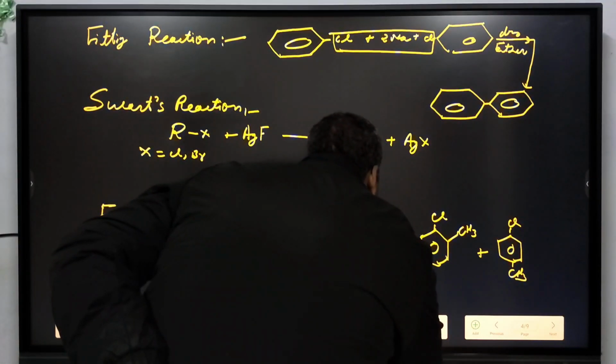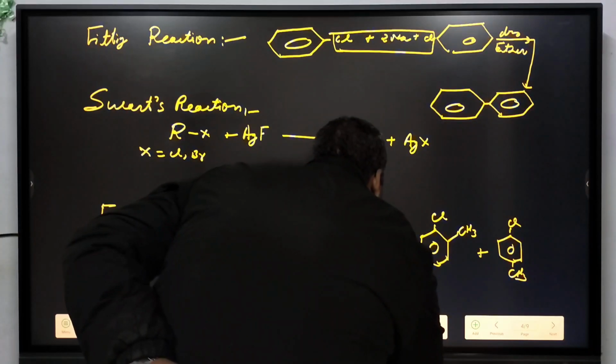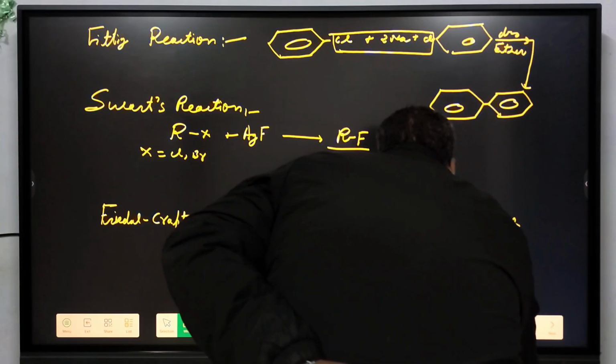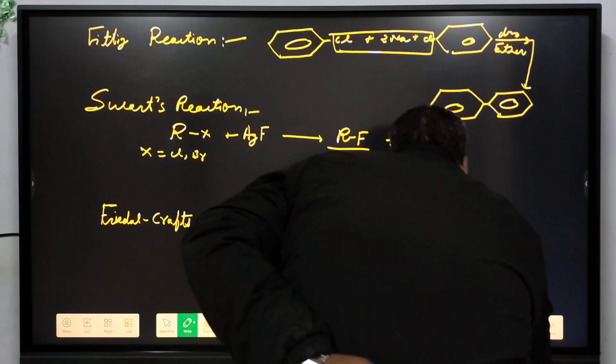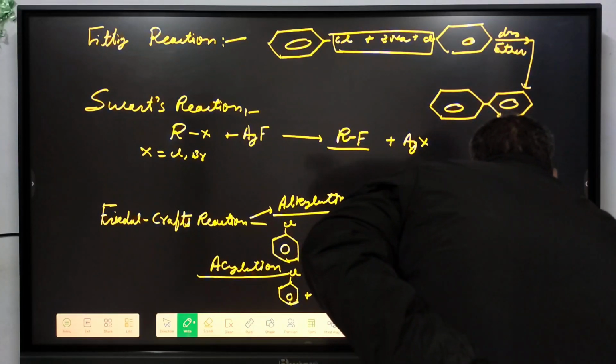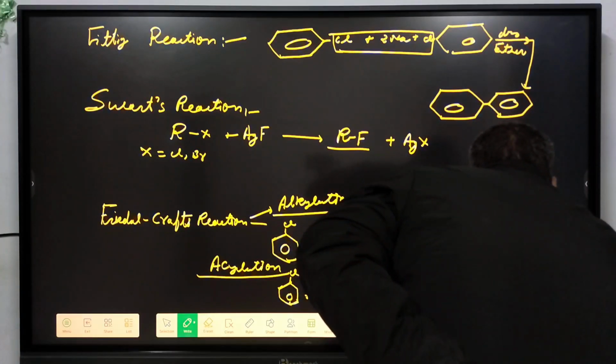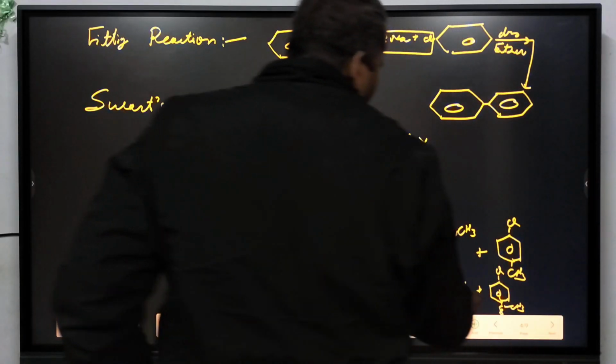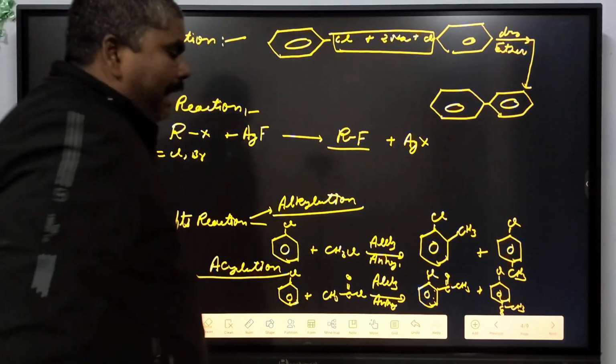Next, acylation. Here, chlorobenzene reacts with ethanoyl chloride in presence of anhydrous AlCl3 and gives 2-chloroacetophenone and 4-chloroacetophenone.